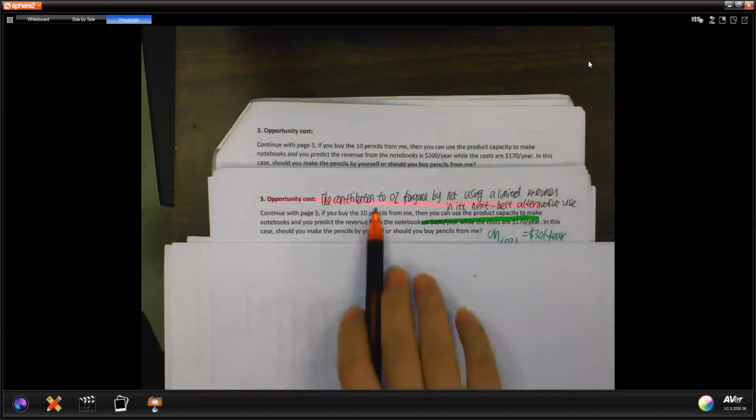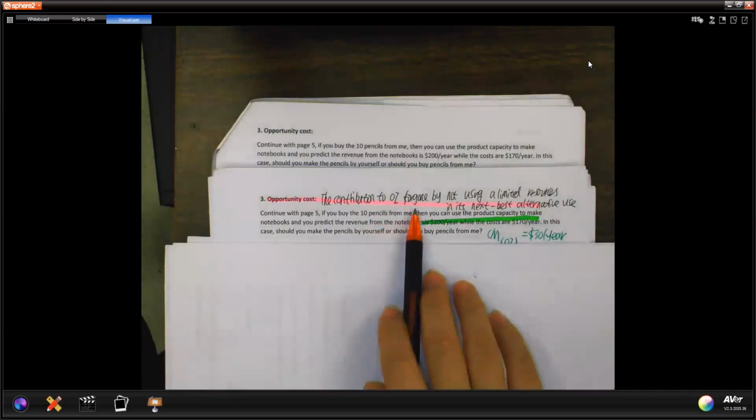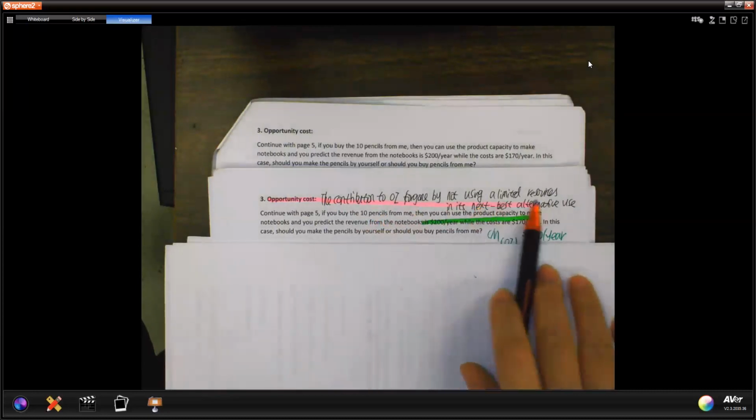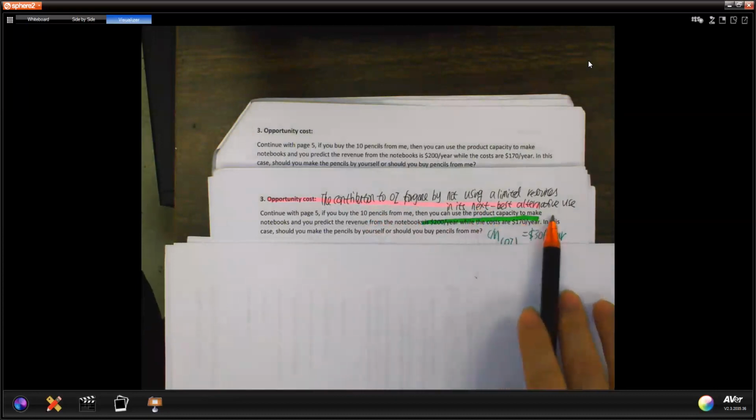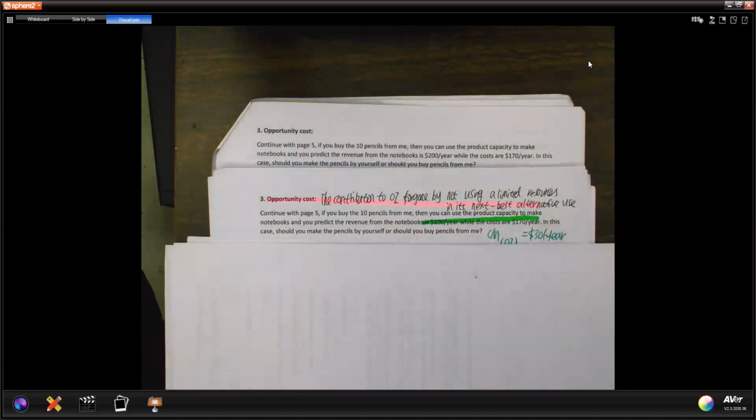That is the income forgone by not using our limited employee and facility in the next second best alternative use, which is Jackie's order. We chose Tom's order as our first best alternative use, but Jackie's is the next best alternative use.